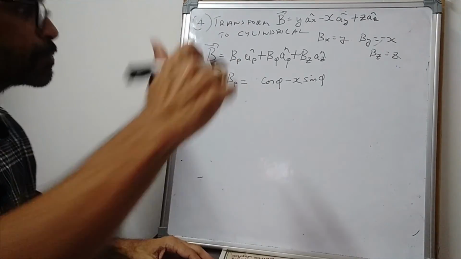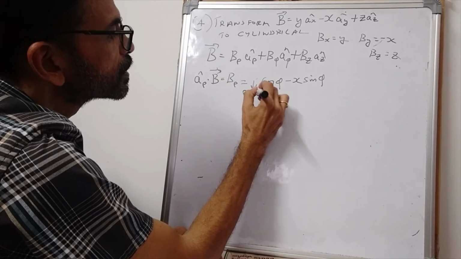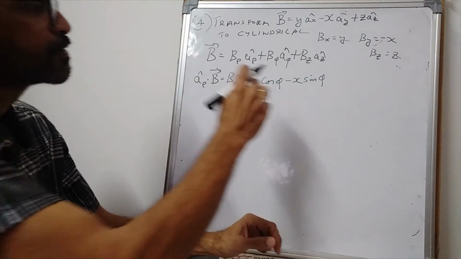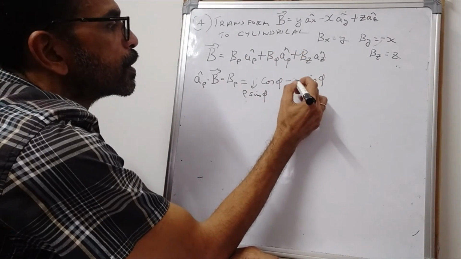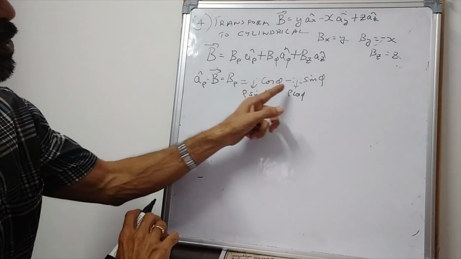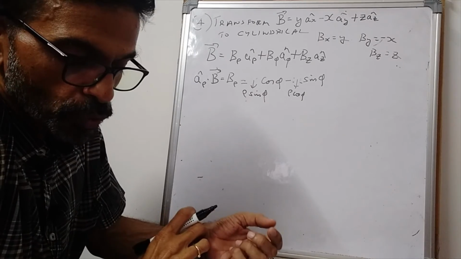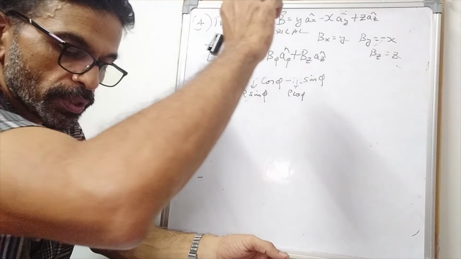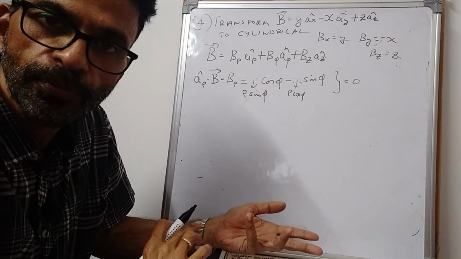This is the fundamental. When we study the cylindrical coordinate systems, we know that y is rho sin phi and x is rho cos phi. And we see that it is rho sin phi cos phi minus rho cos phi sin phi, which is equal to 0. So the rho component of b is 0.